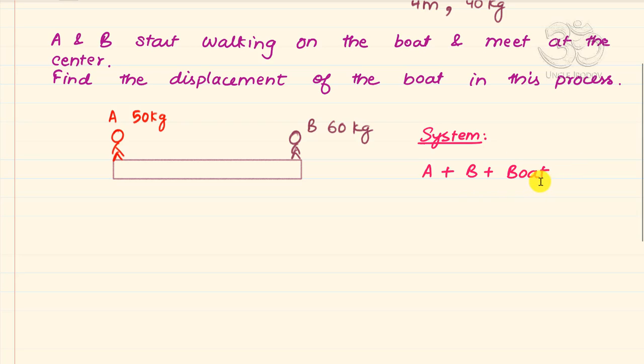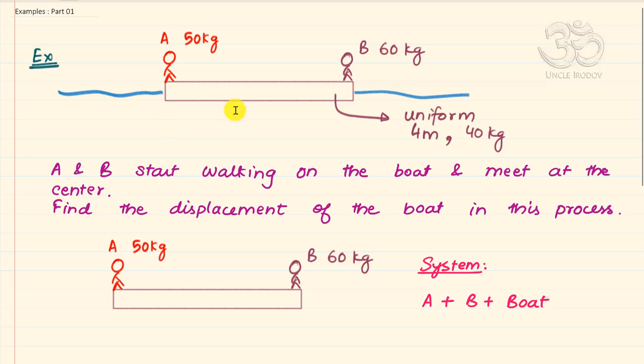And for this system, there are external forces along the vertical axis: you will have weight, that's due to the earth, and then you will have upthrust, that's because of the water here. These two forces will be equal and opposite, so they will nullify each other.